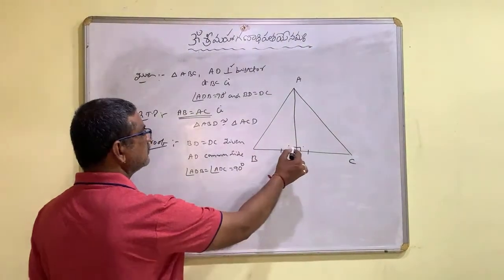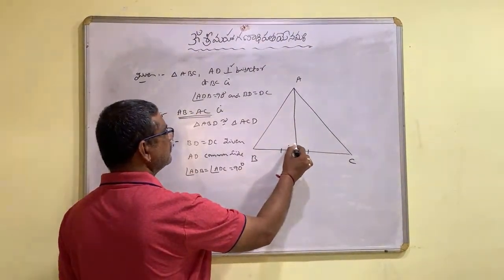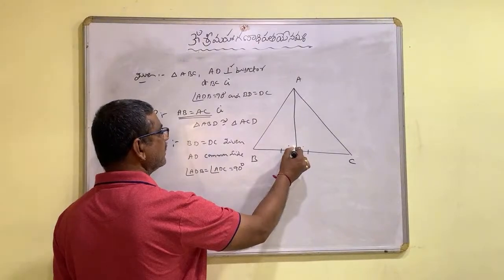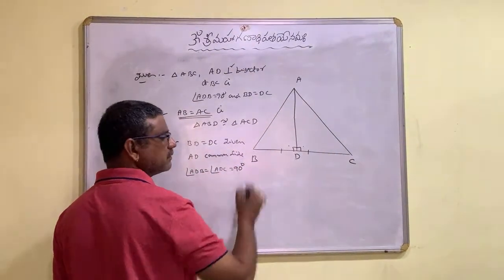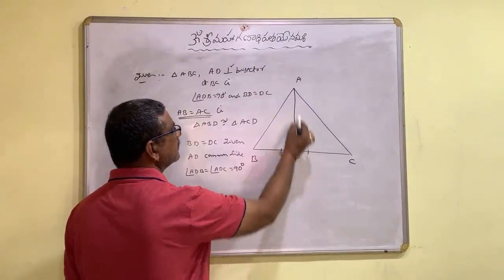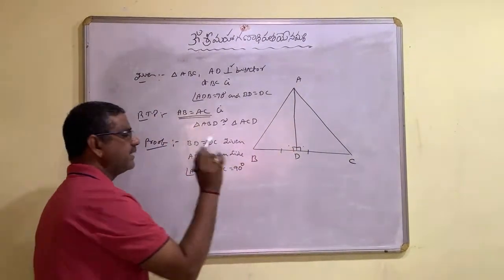This angle, so how to read this angle? ADB. And this angle, ADC. They are equal to 90.